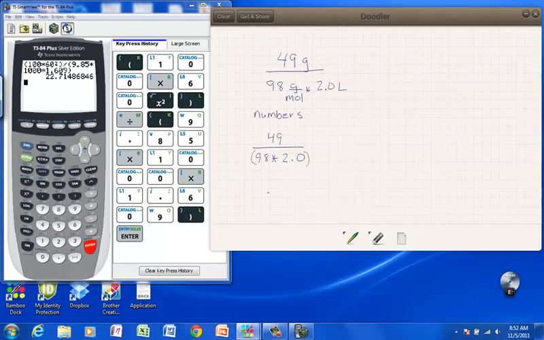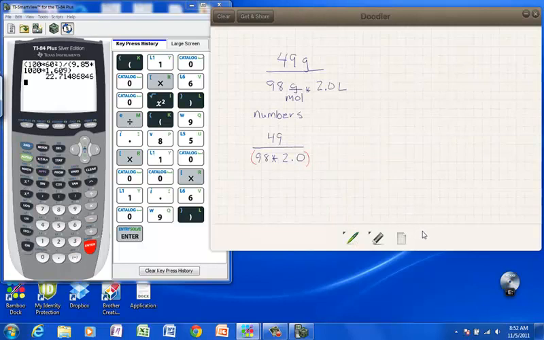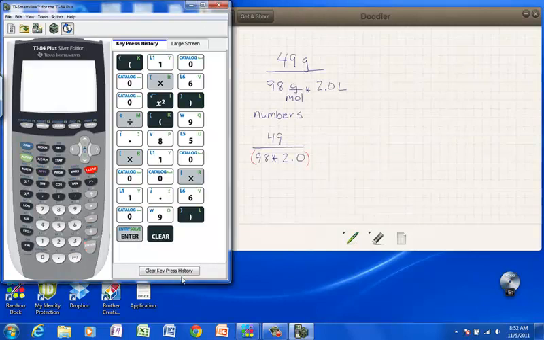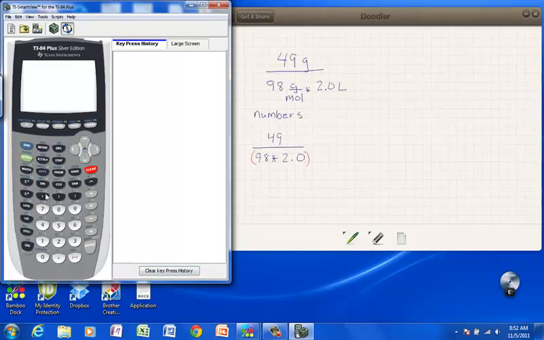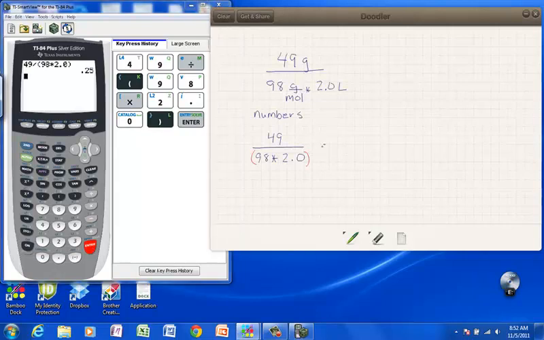You could group the 49, but you don't have to since it's a single number. Right, and the answer is 0.25.